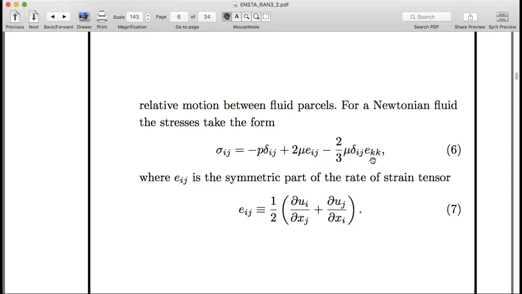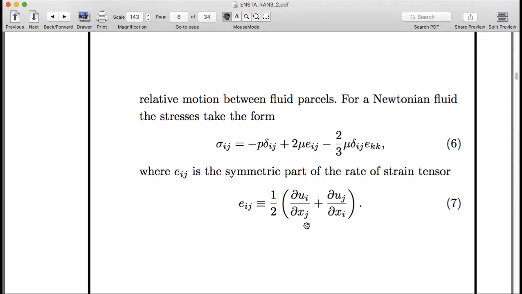So it's the trace of the symmetric part of the rate of strain tensor. The symmetric part of the rate of strain tensor is written here in equation 7.